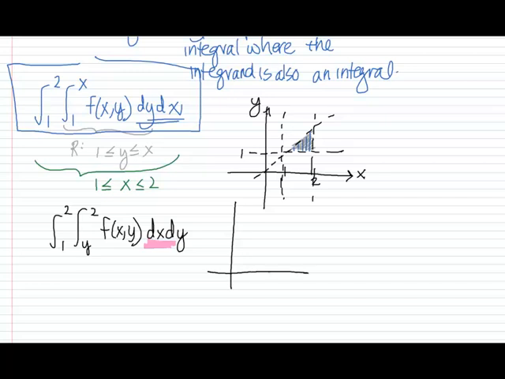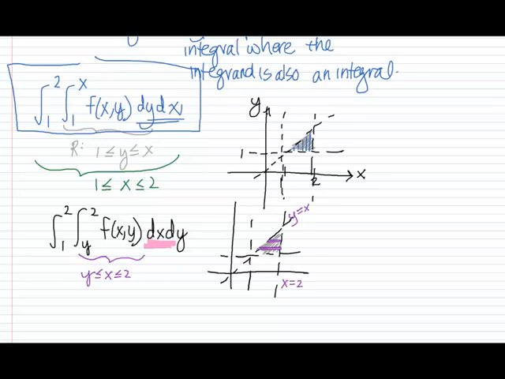Now let's take a look at this same graph with the same boundaries drawn in, and if we think about this little triangular region, but we now have horizontal sections, notice what is our left-hand boundary. It's the line y equals x, or x equals y. The right-hand boundary is the line x equals 2. So if you look right in here, notice x is between y and 2.